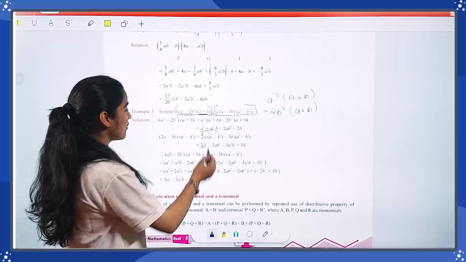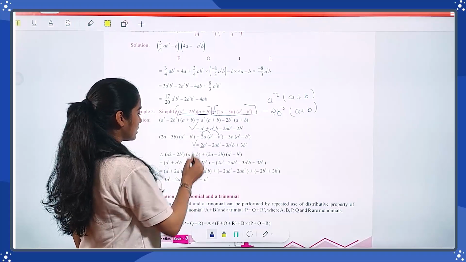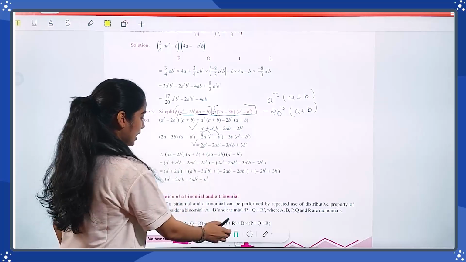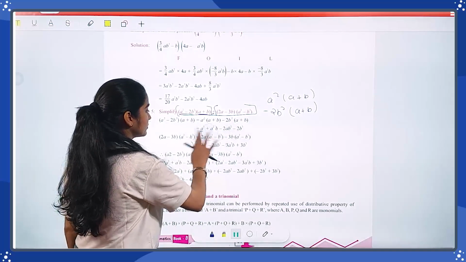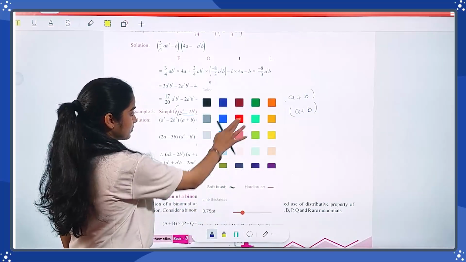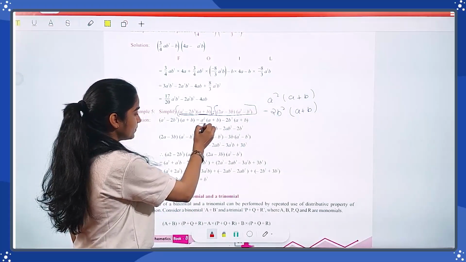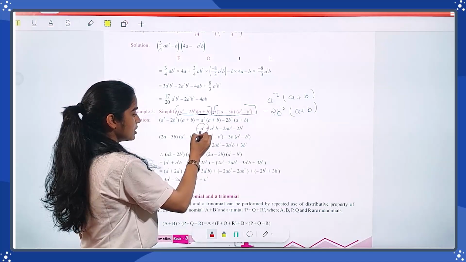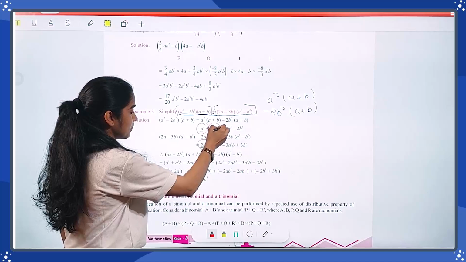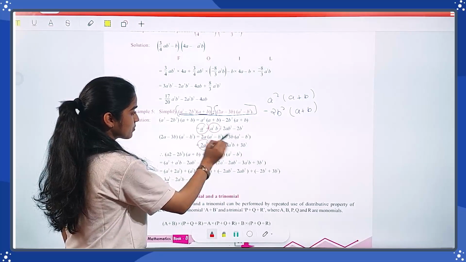Now you have your two terms, with this and with this. You just have to put the like terms together. So again, a cube, 2a cube, 3a cube. a square b and 2a square b are not similar.